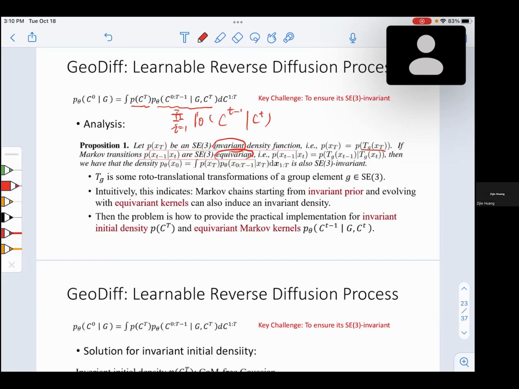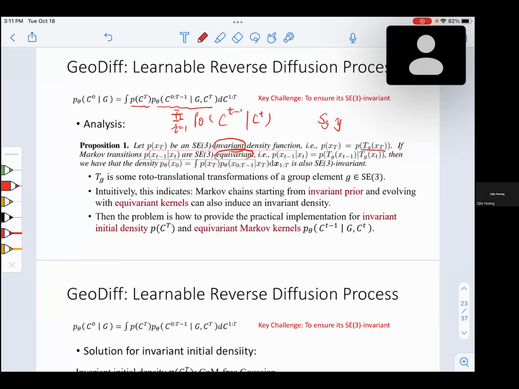If we consider that it is only equivariant, then the output of the transition for x_{t-1} should be the original output transformed by some operation.